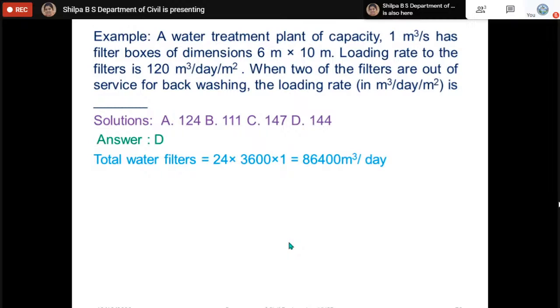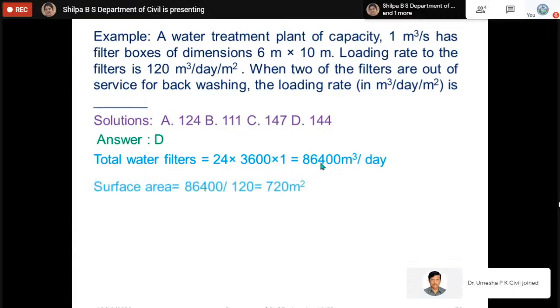The total water being filtered: it is given in terms of meter cube per second, 1 meter cube per second, so in a day it is 1 into 24 into 3600. So we will get 86,400 meter cube per day.